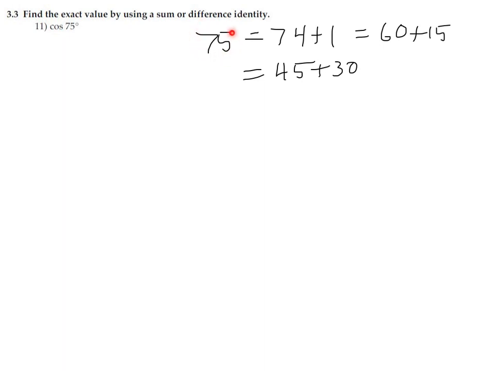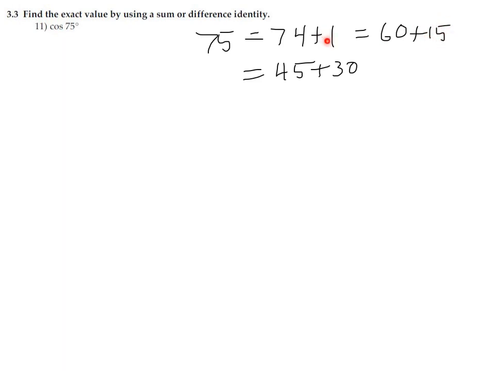Well, I do not know cosine 75 degrees by heart. My calculator can compute it, but it's not very nice. However, I do know cosine of 45 and sine of 45, and also 30. So expressing 75 as 45 plus 30 will allow me to simplify to values that I know in the unit circle. 60, I can do 60, but I can't do 15, so that's not a good one.